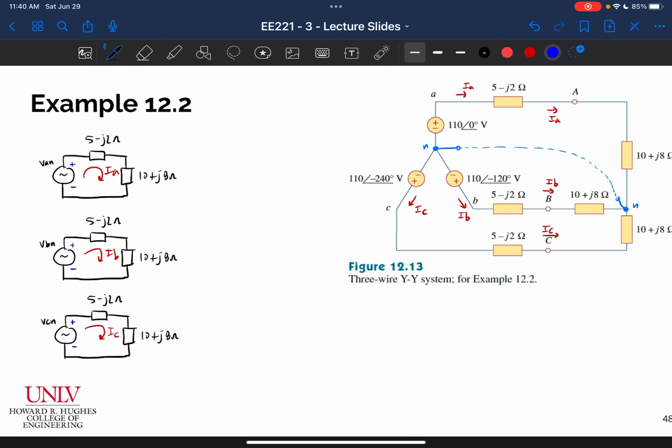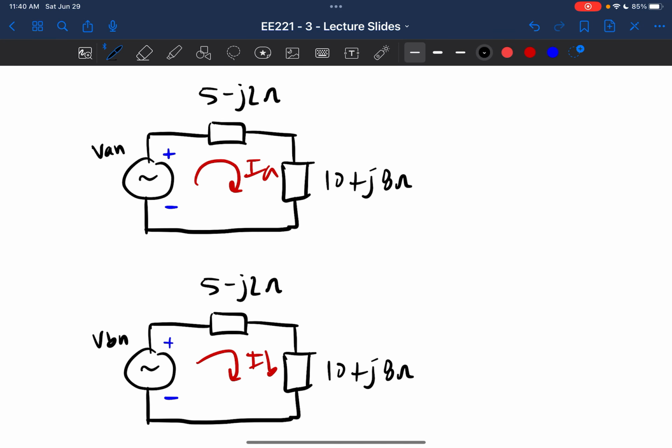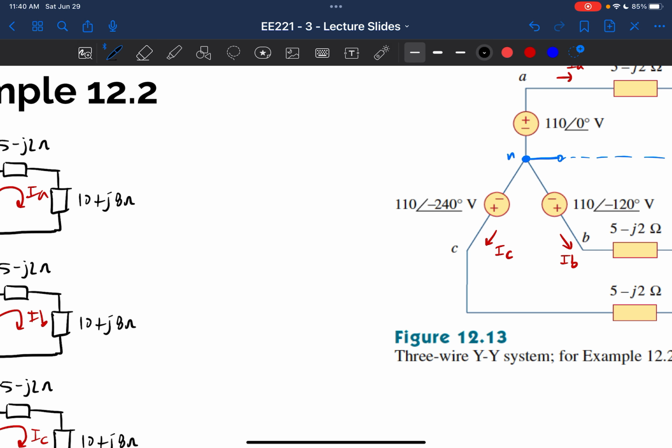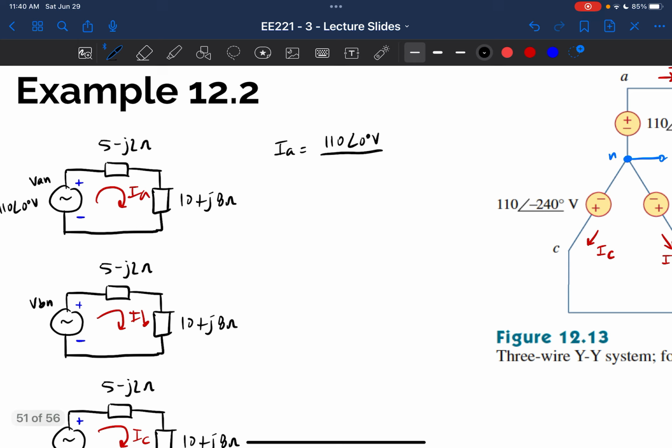Pretty straightforward. VAN is 110 angle 0 volts. So let's solve that one. IA is going to be 110 angle 0 divided by this impedance here, which is 5 minus j2 plus 10 plus j8.